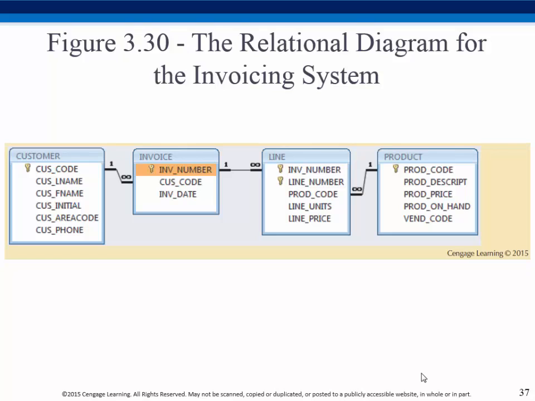So it means that it won't be unique within line. It can be duplicated, but with the line number it creates a unique identifier for line. And then your product code is your primary key in your product table, but it is your foreign key in your line table.